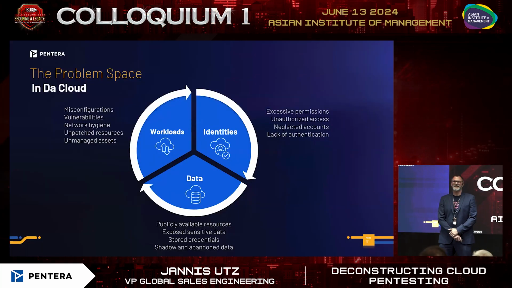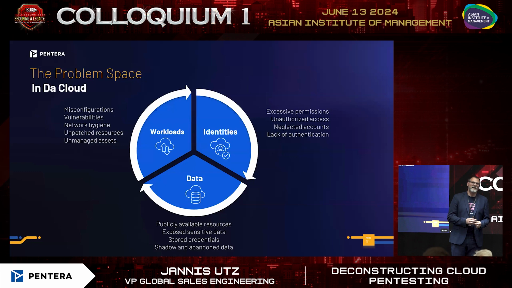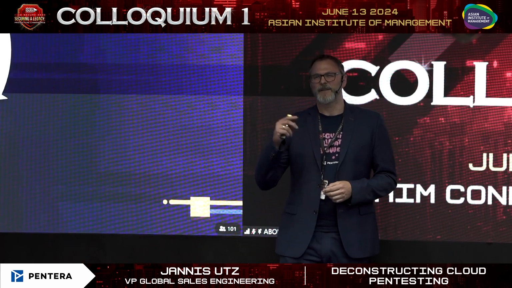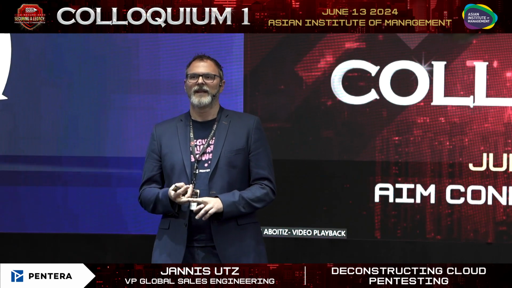All right, so let's take a quick look, right? With workloads, we have the misconfigurations, vulnerabilities, network hygiene, unpatched resources, unmanaged assets. So there's a bunch of stuff that can affect us here. Identities, we have the excessive permissions. We saw the slip before. Unauthorized access, that's even worse. Neglected accounts, right? This kind of shadow IT of users.